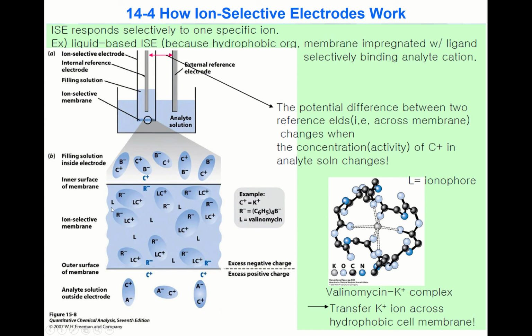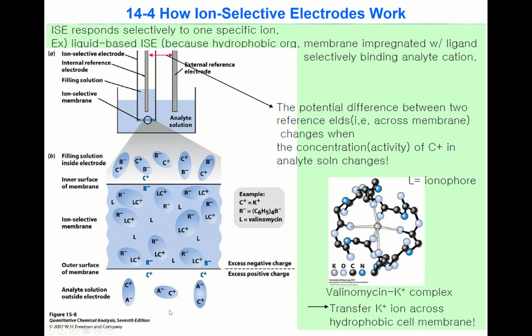And this is the ion selective membrane, and the ion selective membrane contains an ionophore, like this one. In this case, it is represented as L. Now you have the analyzed solution outside the electrode, and here you have cations and anions.